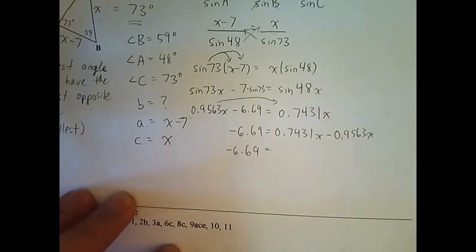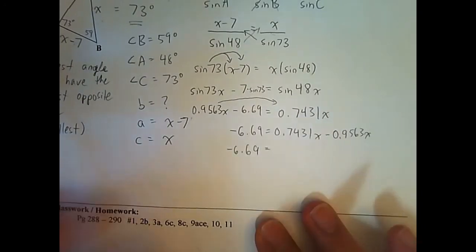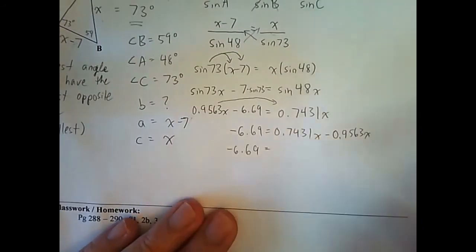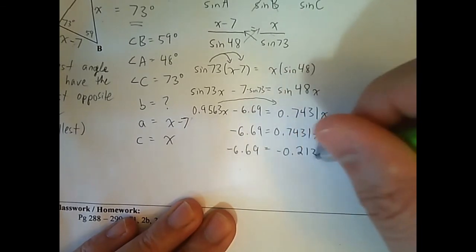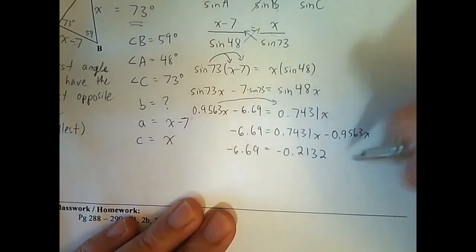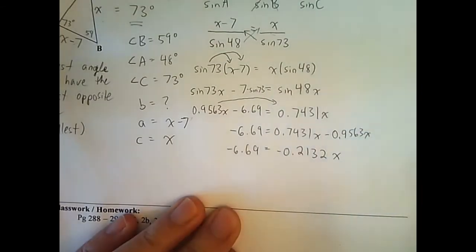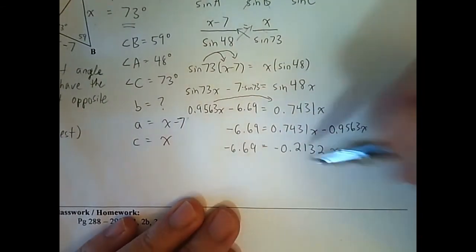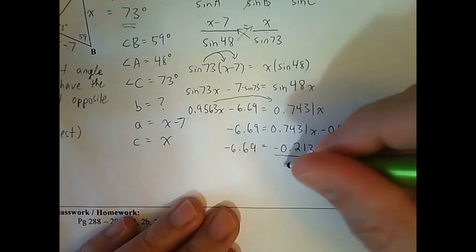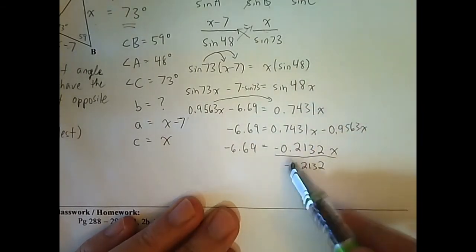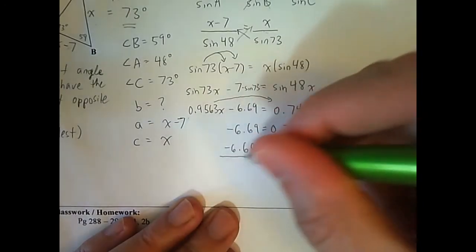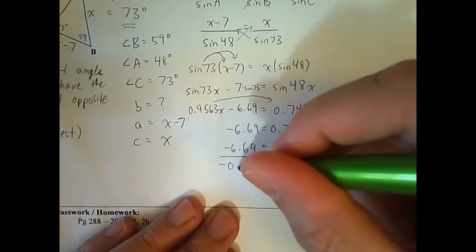I subtract the two and I end up getting negative 0.2132x. And I want to get the x by itself, so I'm going to divide by this decimal. And I want it for positive x, so I'm going to divide by the negative portion of the number, including the negative in that number.